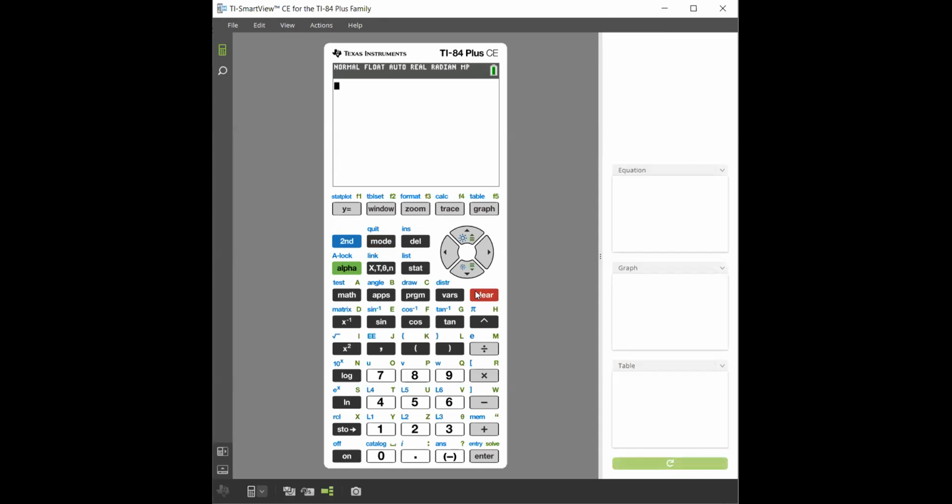Type it in exactly how they have it. So if you do alpha y equals, you want to start with your fraction. And then the problem said to do 5 plus 1/3. So I would just go here and say 5 plus alpha y equals, because we need a 1/3.